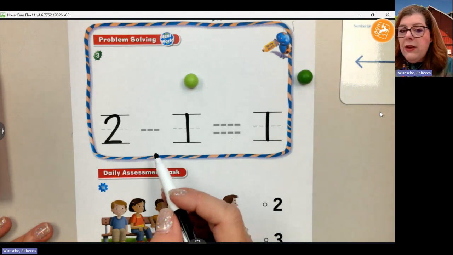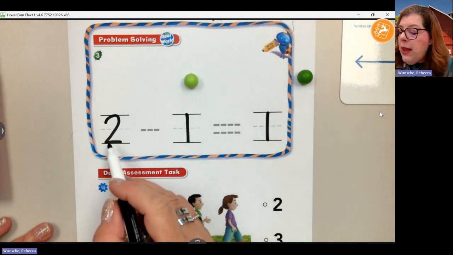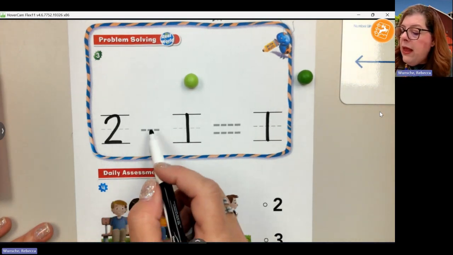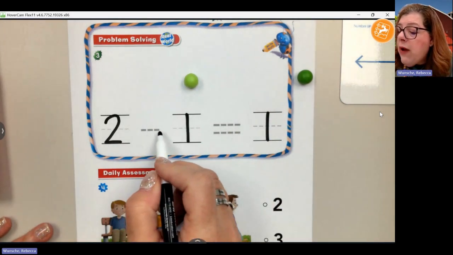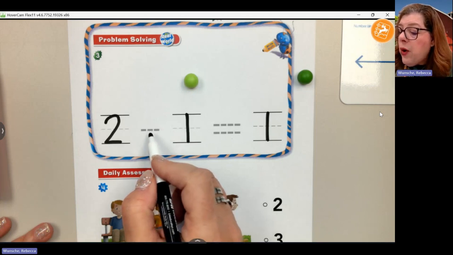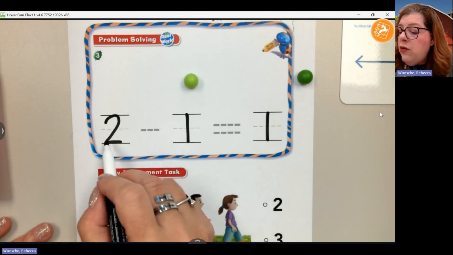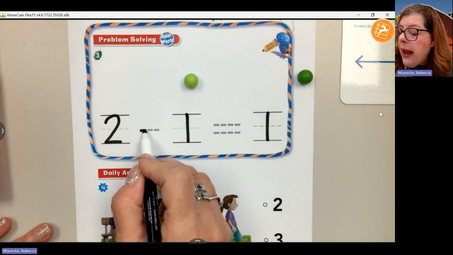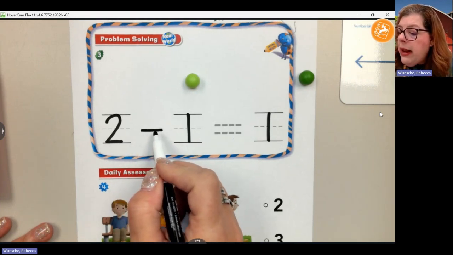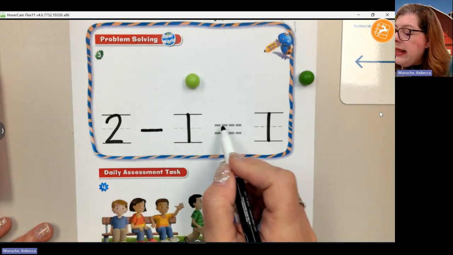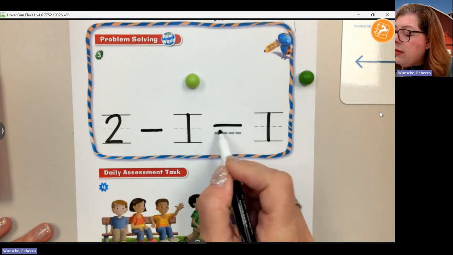So let's go back in and trace our symbols. We had 2 marbles, and then 1 was taken away. That is subtraction, and for that we say the word minus. So 2, here's the minus symbol or the subtraction symbol. 2 minus 1 equals, there's that equal sign again.